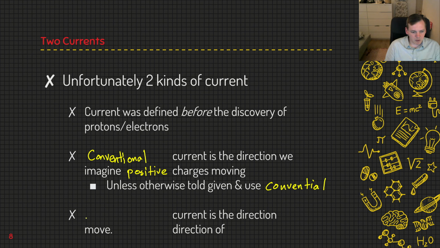And then we also have something called actual or physical current. This is the direction that electrons move, and it will be the opposite direction of conventional current.